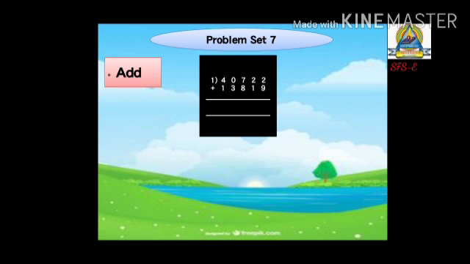As you all know, when we add, subtract or multiply any number, we start from units place. So 2 plus 9, 11, and carry 1. Where you are going to carry? Next column, that is tens place.